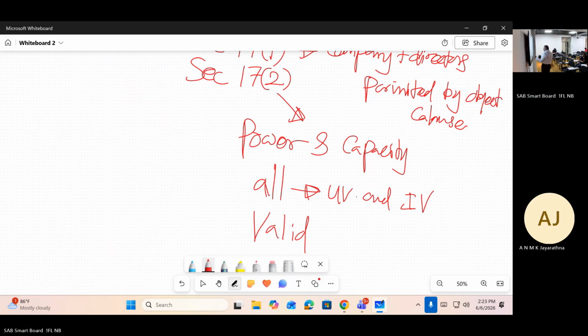For intra vires there is no argument, that is within the objects and already valid. But here it says all the transactions are valid and enforceable. That is section 17 subsection 2.